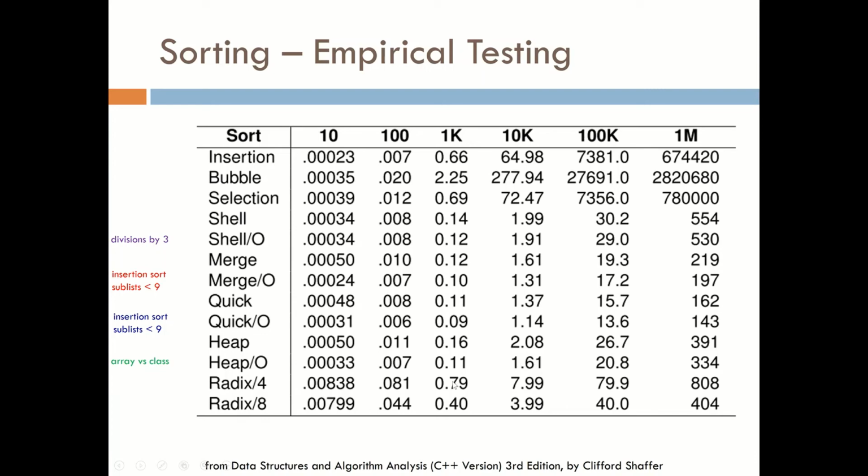And with respect to heap sort, if we use an array rather than a class, you'll recall from homework 5 that using just a raw array is going to be much faster than using something like a vector that has overhead. If we do that, then we're able to get improved performance, and that's what we mean by heap optimized. And we see those values here.